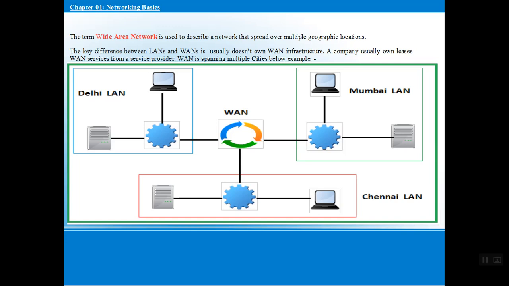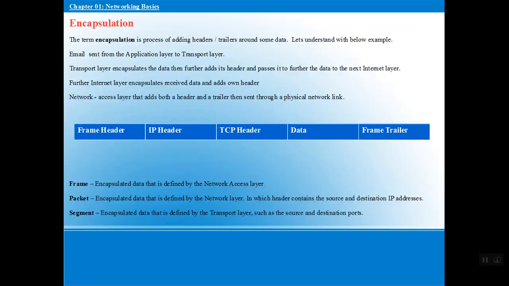In this scenario, we have three cities, Delhi, Mumbai and Chennai. When Delhi wants to connect with the Mumbai department, and Mumbai wants to share resources with the Chennai department, they can all share their data and resources using WAN technology. This is the wide area network. All computers, internet and ISPs are connected with each other by using a WAN.